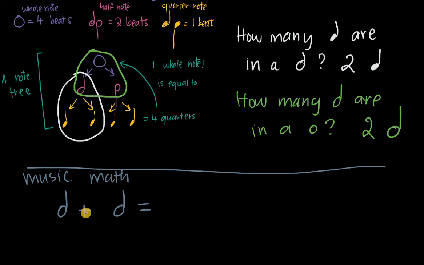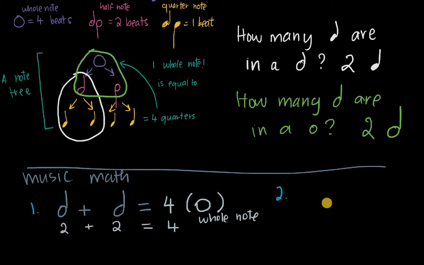So this is 2 plus 2 equals 4. So it's equal to 4 beats. Or you can even draw a whole note. Right? Here's another question. So we'll label that 1.